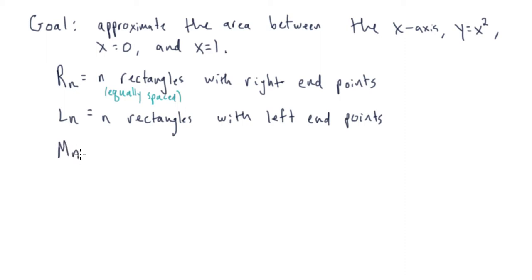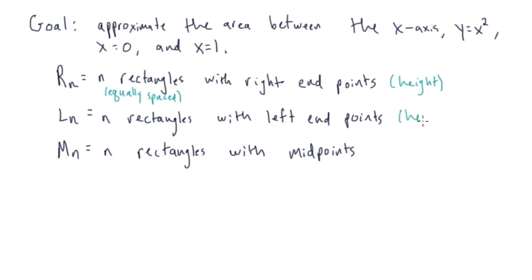And then I can also use what I'll call capital M sub n, which is n rectangles with midpoints. So of course, when I say right endpoints, left endpoints, midpoints, that's the point in the subinterval that I'm using. I'm going to evaluate the function there to give the height.